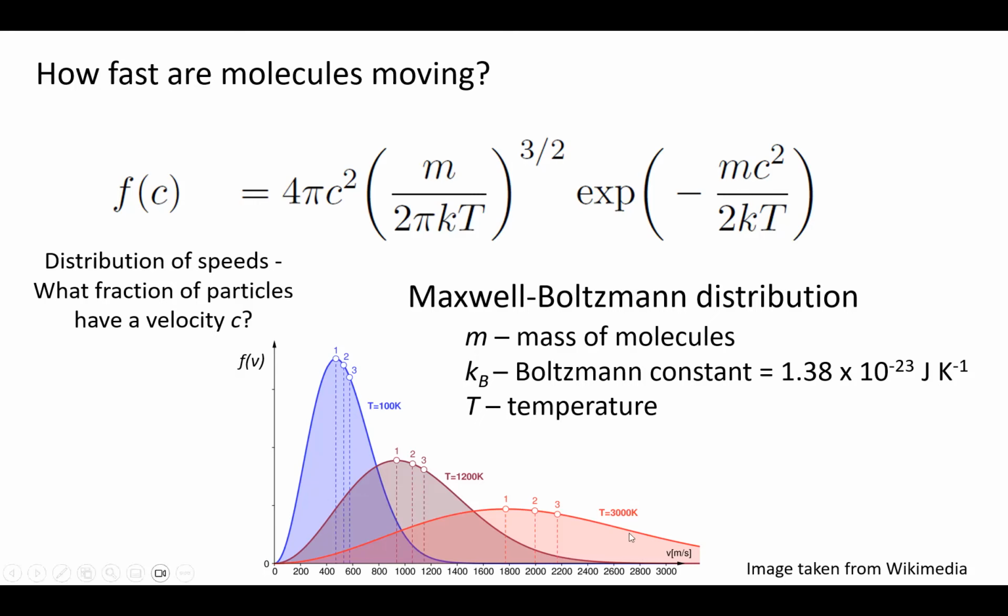That is in contrast then to this distribution over here at a temperature of about 3000 Kelvin, which is not quite the temperature of the surface of the sun, but getting close. And there, right, the center of the Maxwell-Boltzmann distribution is at a much faster molecular speed, and there is also a lot more spread.